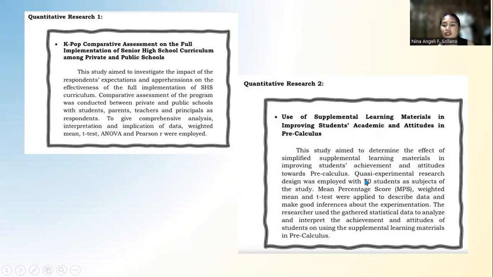Okay, so here they are going to use quasi-experimental research deployed from 70 students, and then they are going to use mean percentage score or MPS, and then weighted mean and t-test to describe data and make good inferences about the experimentation. And also it's stated here, gathered statistical data to analyze and interpret the achievement and attitudes of students on using the supplemental learning materials in pre-calculus.